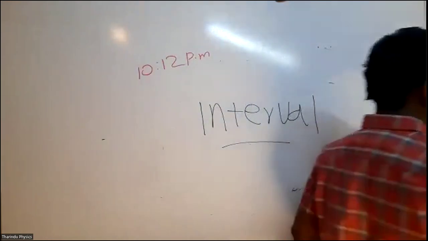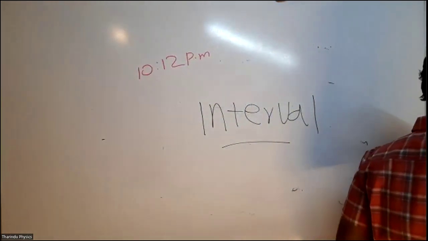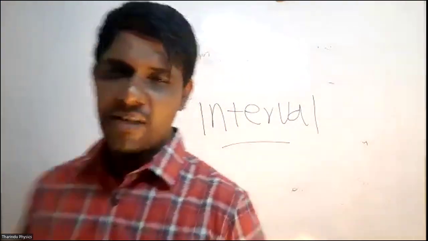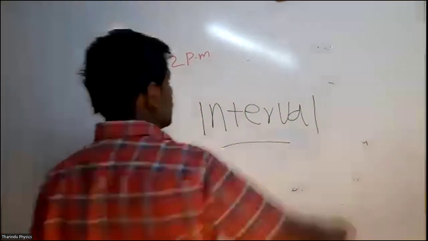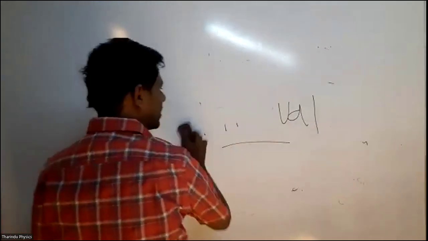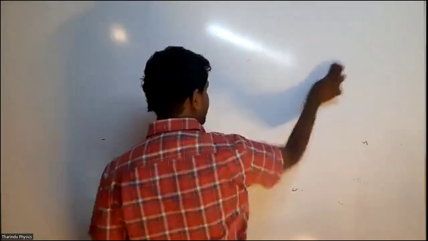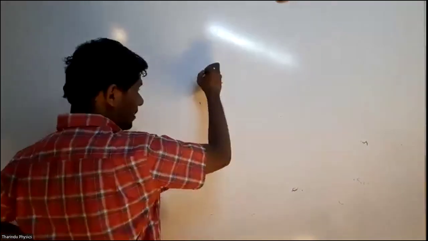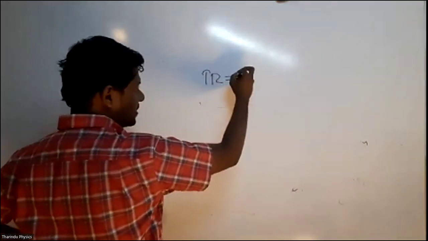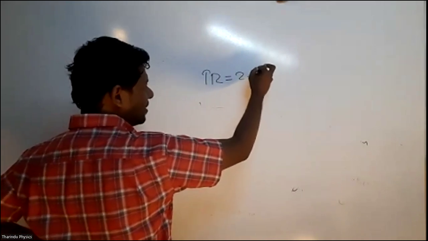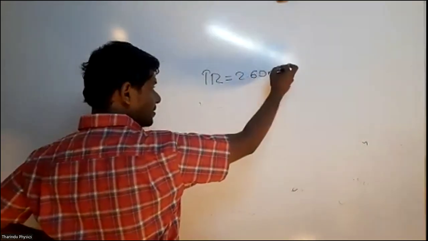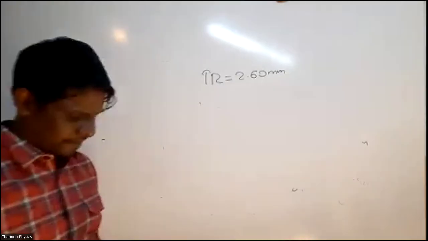Now we want to go for something really important. So I will explain the previous part one more time, without any diagram. You get a reading upward, which is 2.6 millimeter.